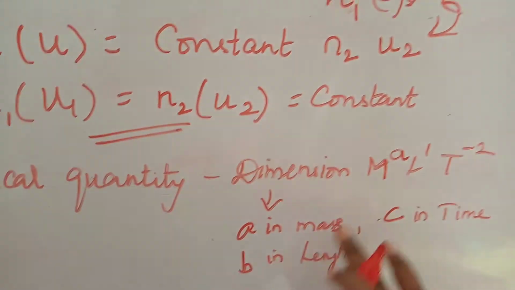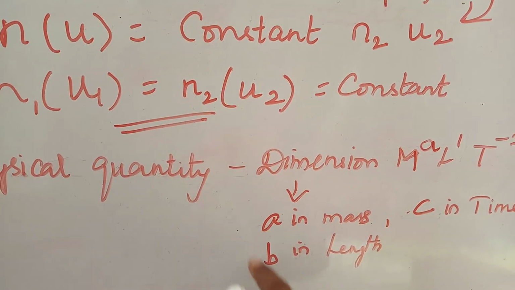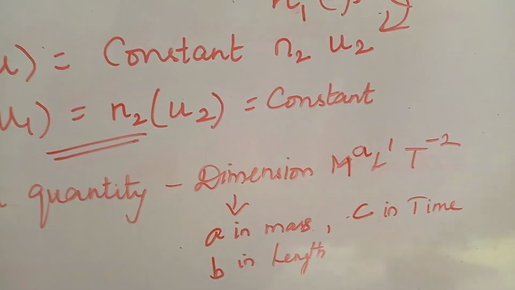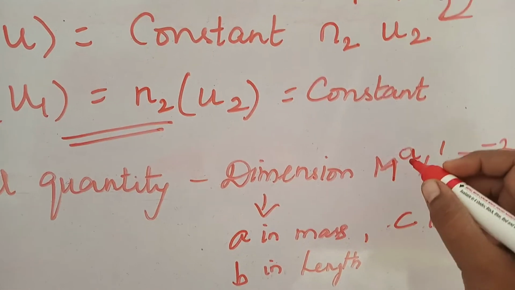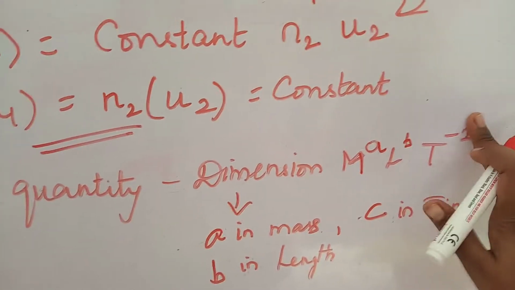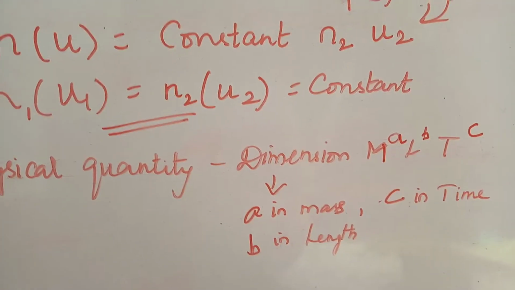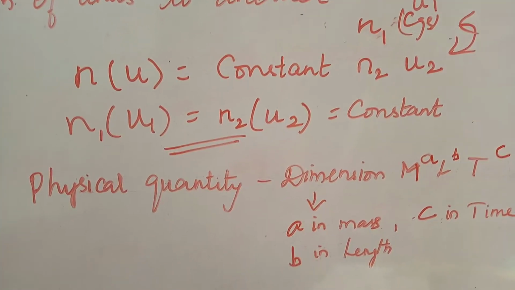The values a, b and c would be different depending on the quantity. So a in mass, M power a, b in length, L power b, and c in time, T power c. This is for your physical quantity.